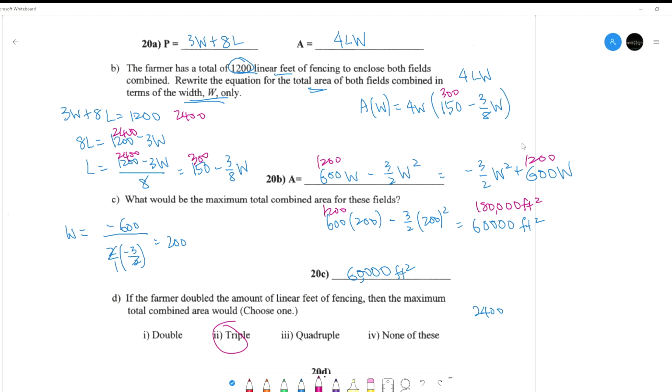Oh, there's an easier way to do that too. Let me explain the easy way. Maybe that would be simpler here. We know the area is 4LW, right? And what was this? 4LW. So if we double this, right? We double the amount of fencing we have.